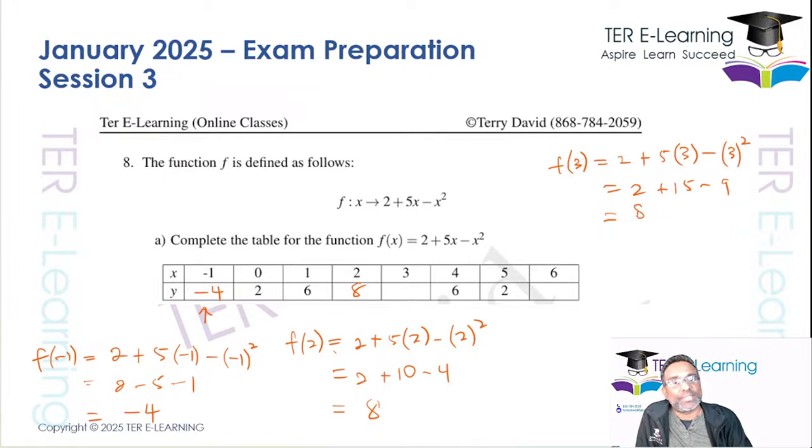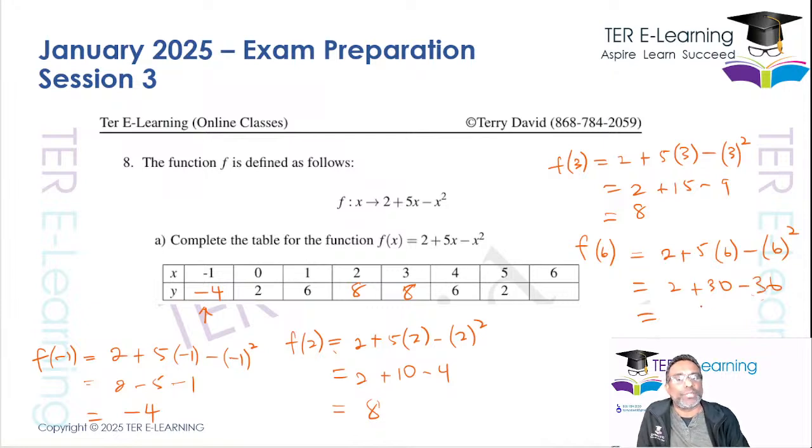So this is going to give us 8. And then the last one, we had to plug 6 into the formula. So that's 2 plus 6 5s is 30 minus 36. So this is going to give me minus 4.